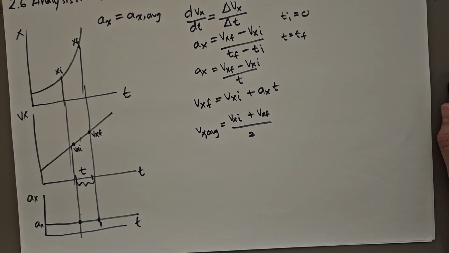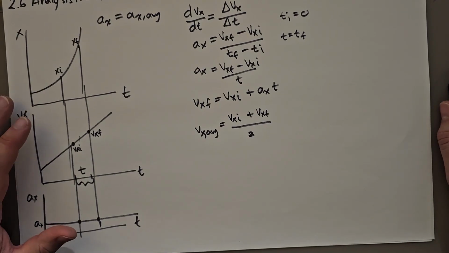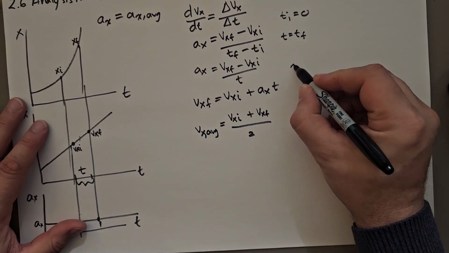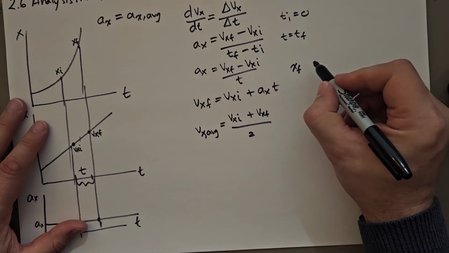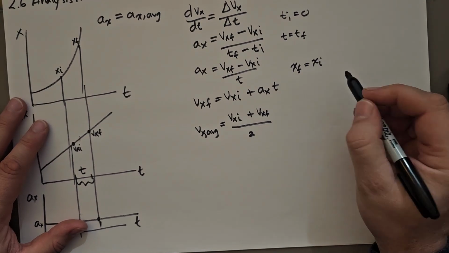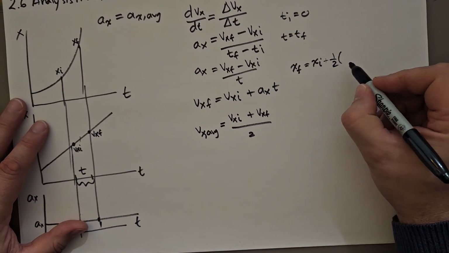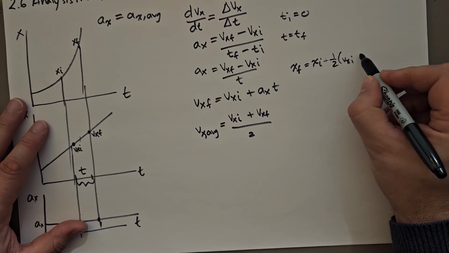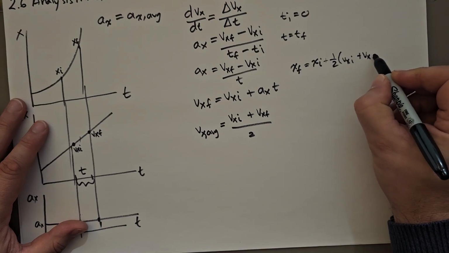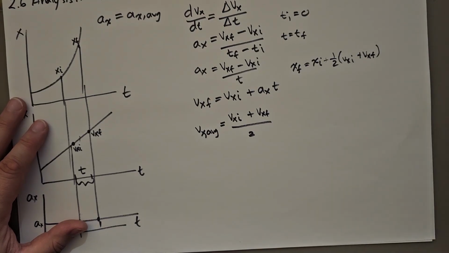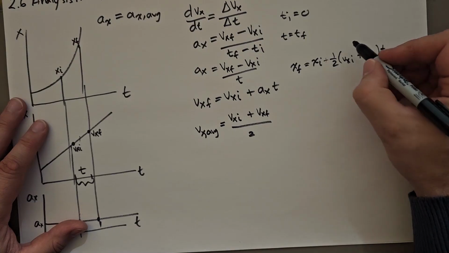Now, what is the position over time? We're going to say the final position is equal to the initial position plus the average velocity times t.